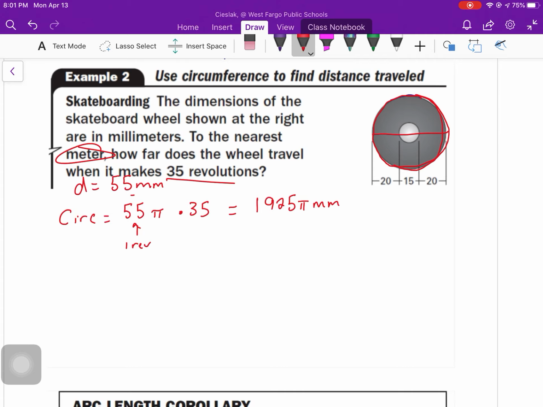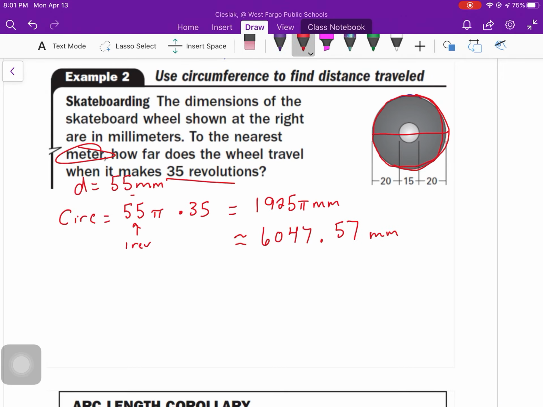If we were to approximate that, it's approximately 6,047 point, what is it? Give me 1 second here. 1925 pi is 0.5657, so 0.57 millimeters.